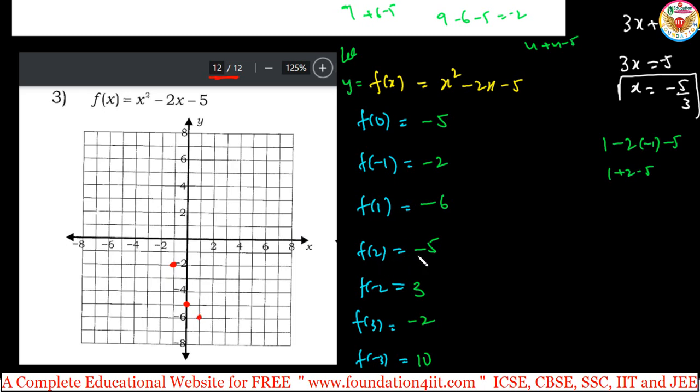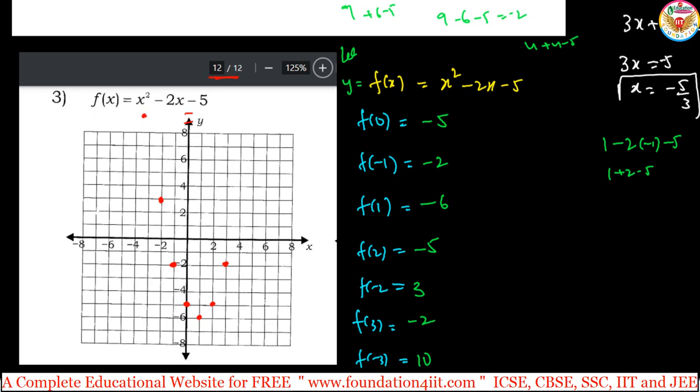Next (2, -5): for 2 we got -5 again. For -2 we got 3, so (-2, 3). (3, -2): for 3 we got -2 again. (-3, 10): for -3 we got 10.